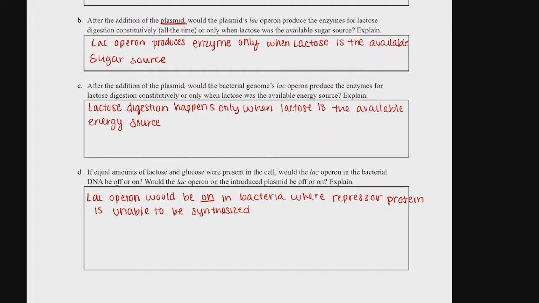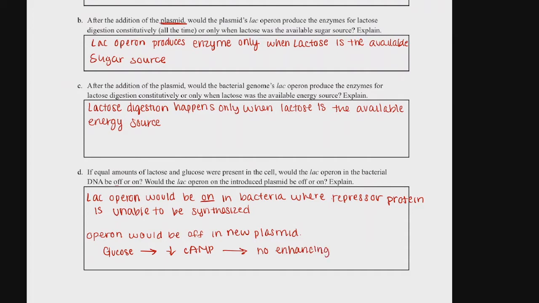So when glucose and lactose are at equal levels and the repressor can be made, then the operon would be off, because glucose means low cyclic AMP levels, which means no enhancing of RNA transcription on the lac genes.